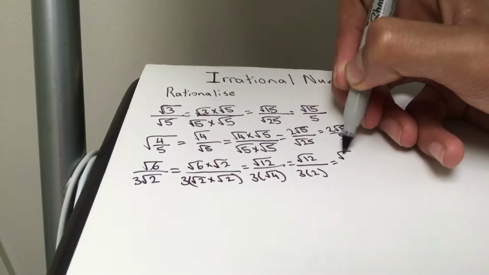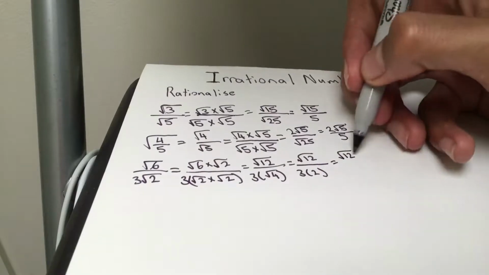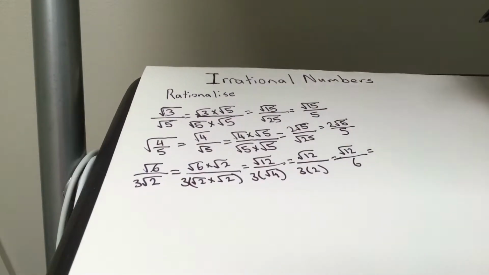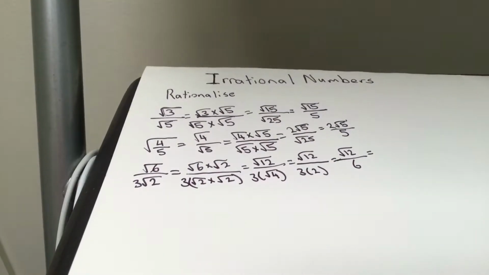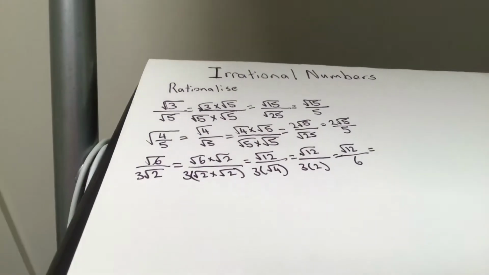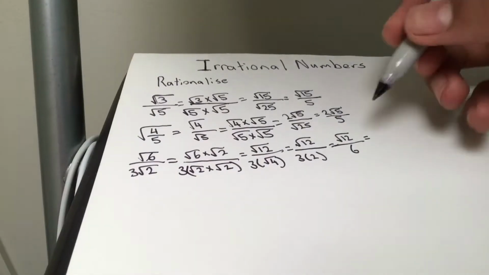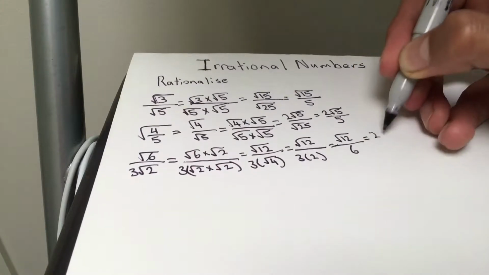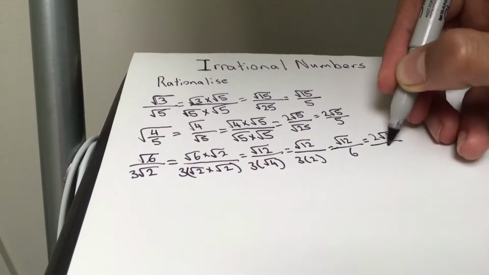So our last step, 3 times 2 is 6. So our next, square root 12 is 2 square root 3, over 6.